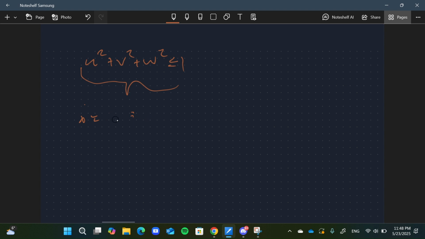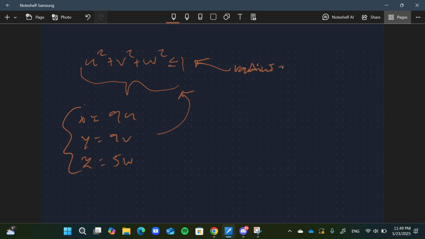So x equals 9u, y equals 9v, and z equals 5w. And this will be our substitution, giving us a transformation, or this will give us a sphere, as I've stated. And the good thing about this is a sphere's volume is very easy to calculate. And as we see here, we have a radius equal to 1.